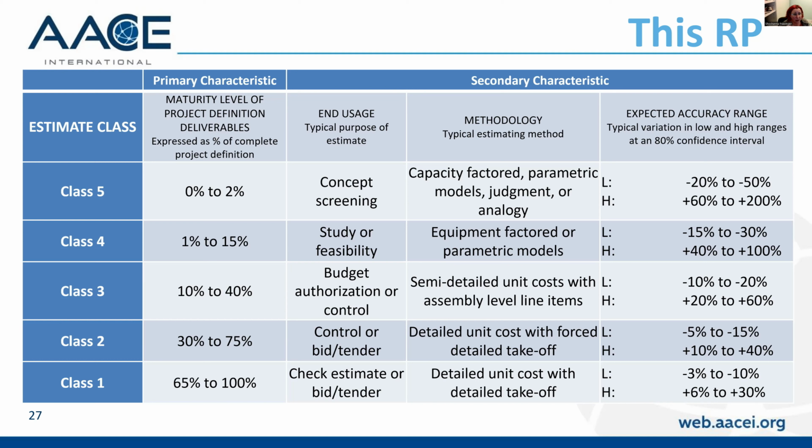That's important because this is also something that is in line with our generic RP as well as our other industry variants, but often misunderstood. And so when people look at this without understanding that the expectation is that that range includes contingency, it is not exclusive of contingency, that can be a difficult conversation as well for some.